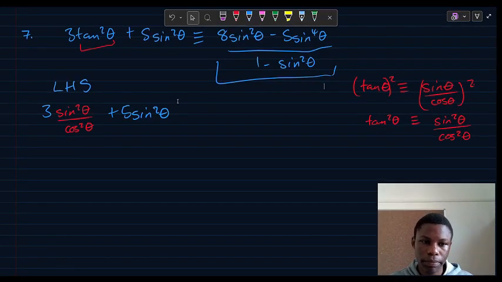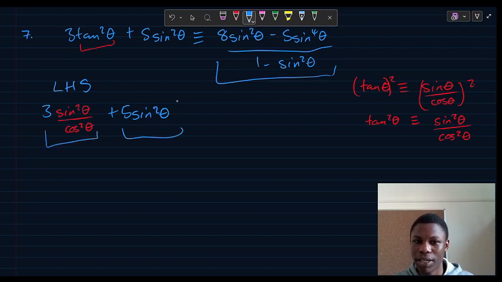And the next idea, eventually we want to get everything in terms of sine. So I will probably change the cos squared theta. But what I want to do first is notice that here I've got two separate terms, but on the right hand side, everything is just one single term.